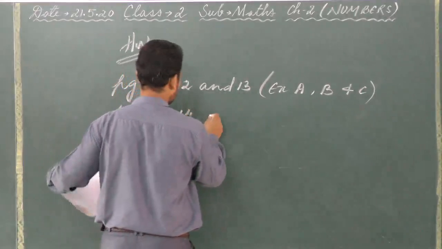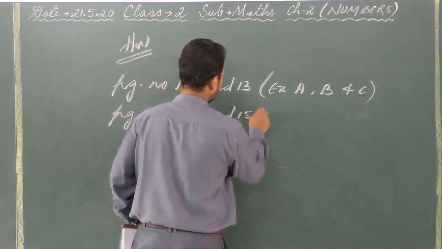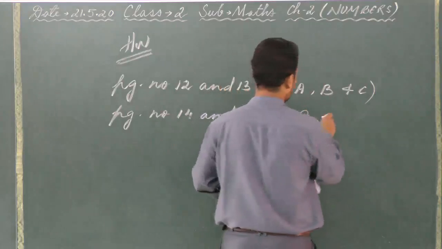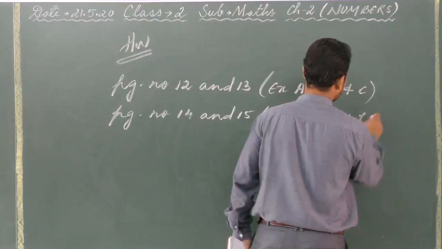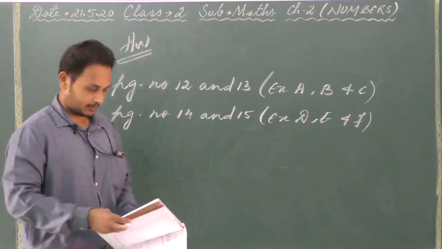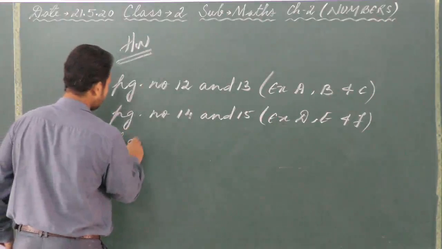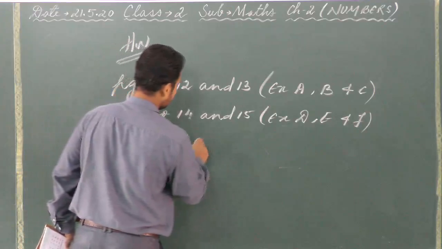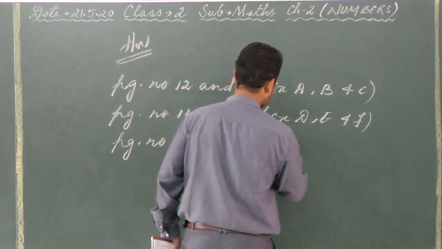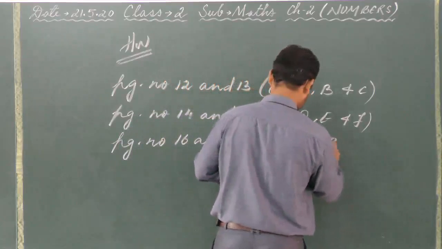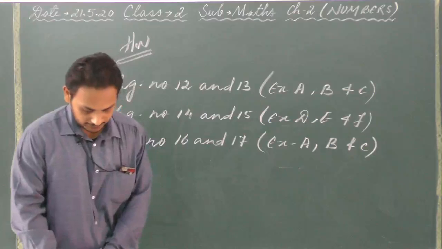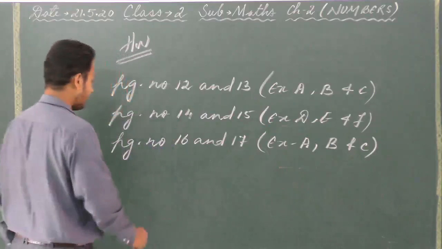Then on page number 14 and 15 you have exercise D, E and F. Then on page number 16 and 17 you have the homework, that is exercise A, B and C. And the last homework is on page number 19.